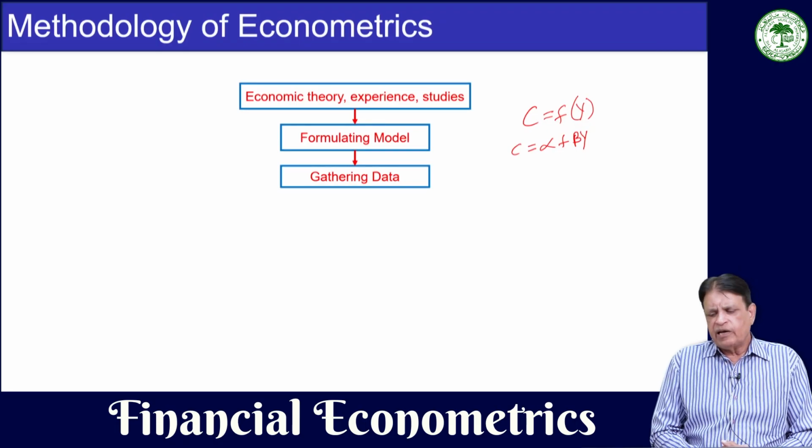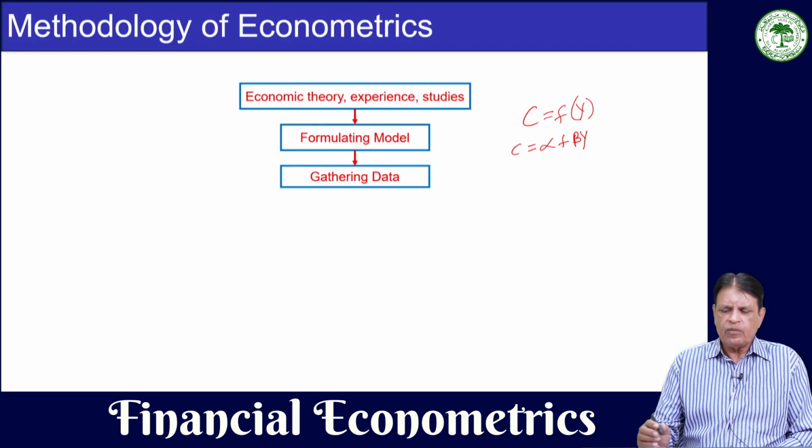So do we have any a priori information regarding the size and sign of these parameters? What will be the size of alpha, what should be the size of beta? Even if we have a range in which these values are likely to lie, that will also be useful. Even if you do not know the exact value, if we know the range in which the values of these parameters are going to lie, that will also be very useful.